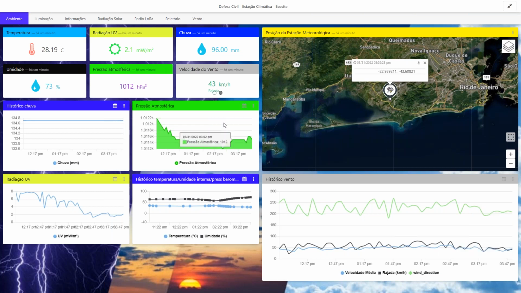The wind is not too strong, 43 kilometers per hour, and the pressure is a little bit high, not so much, but it's high, to avoid storms here. And at the end of the day, it's normal for humidity to grow a little bit, but the humidity is not too high, the pressure is high, and the wind is not strong.